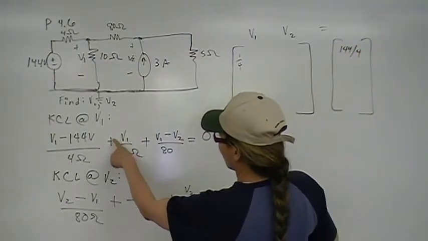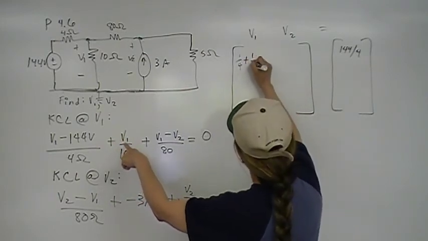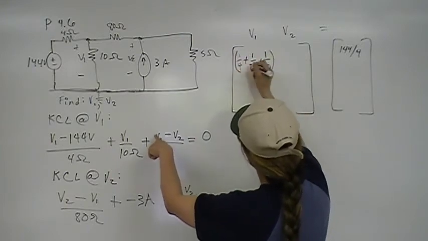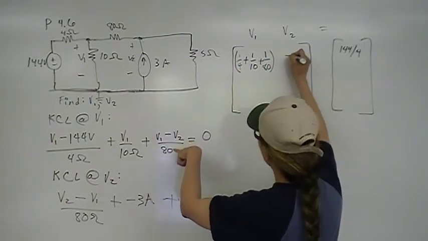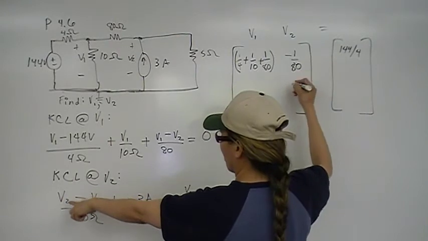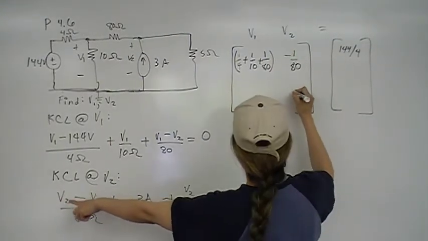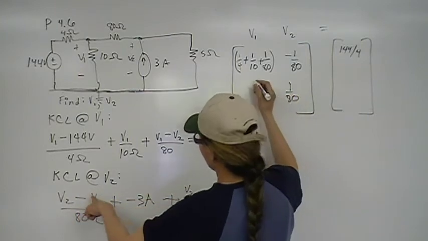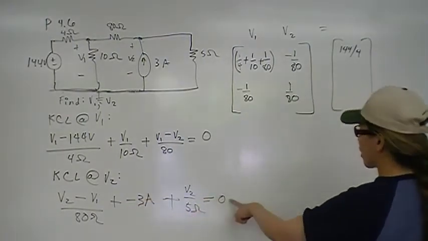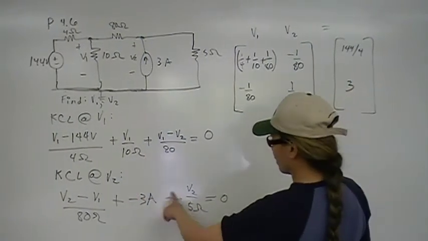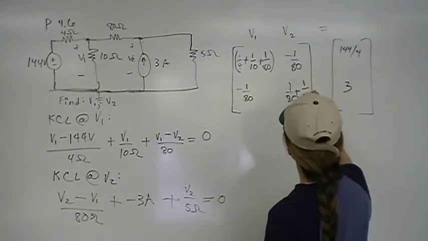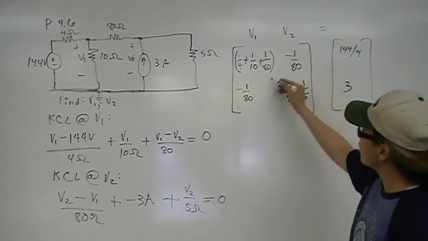In the second equation, the coefficient for V1 is negative 1/80, the 3 amps is brought over so I have 3, and V2 has a coefficient of 1/80 plus 1/5.